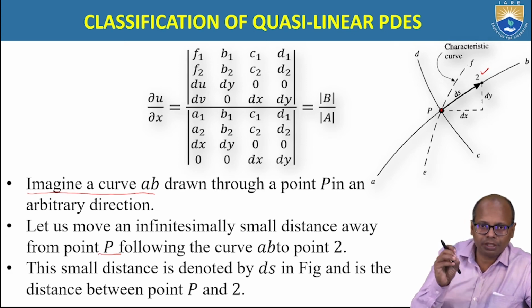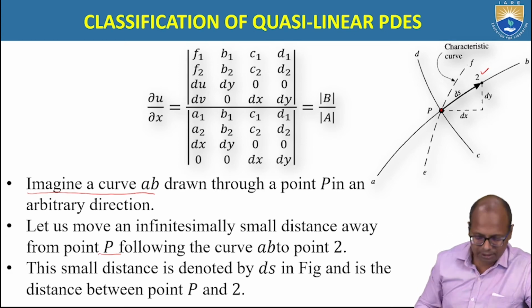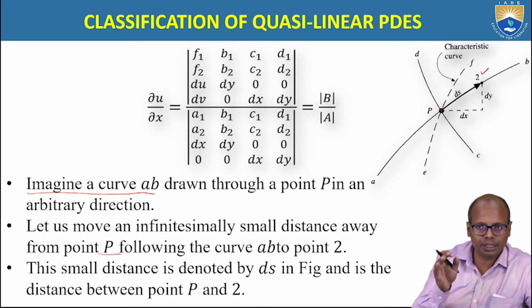Now what is the distance between point 2 and P? It is ds, as the distance moved by the point is ds.